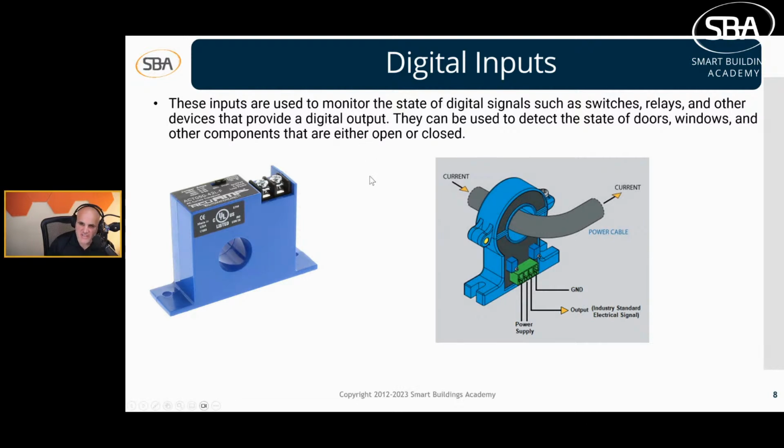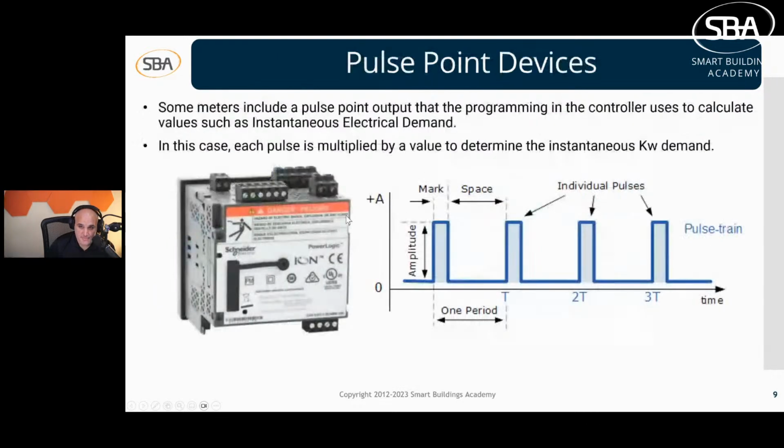But suffice to say, these digital inputs, not only current sensing relays, could be things like flow switches, pressure switches, etc. So the AFS series 460, I believe, maybe 465 from Cleveland Controls, is the resettable pressure switch. That is a dry contact or a digital input. It's a two-state input that comes into your controller and gives you a status.